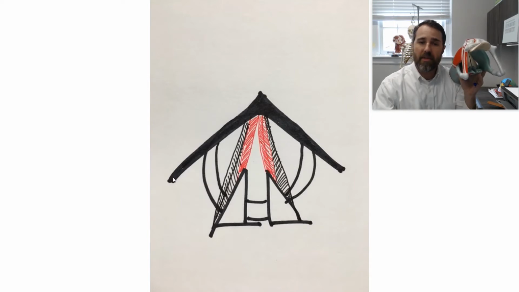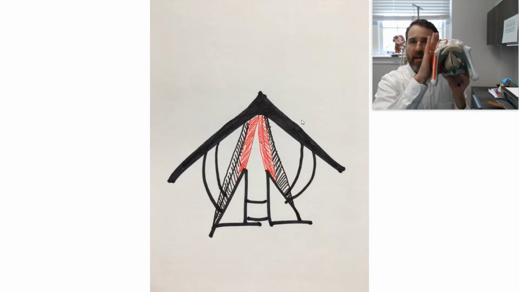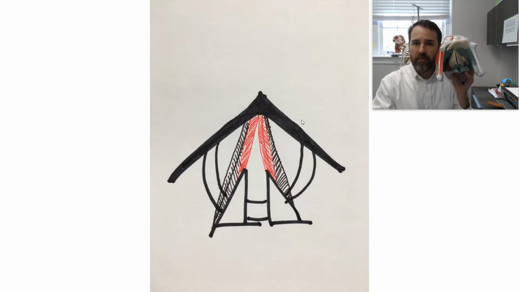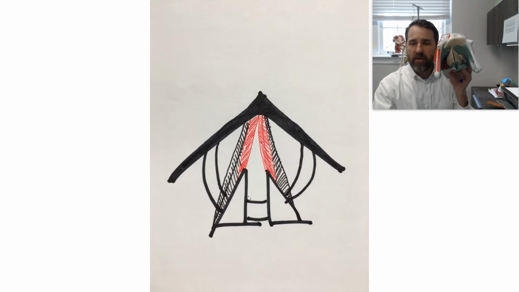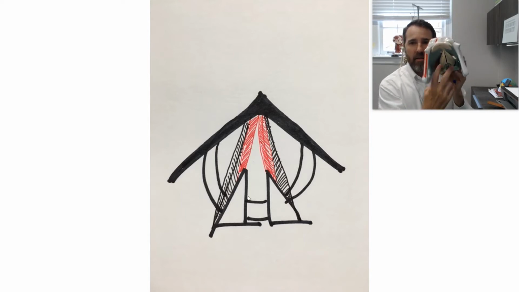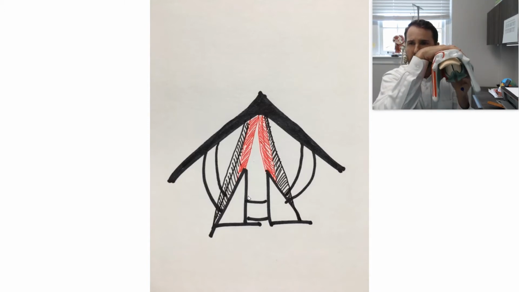So if you're looking at this image, this is looking down on the larynx, just like I've positioned it here. Down here, you have the arytenoids, just like here, you have the arytenoids. And up here, you have the thyroid cartilage.